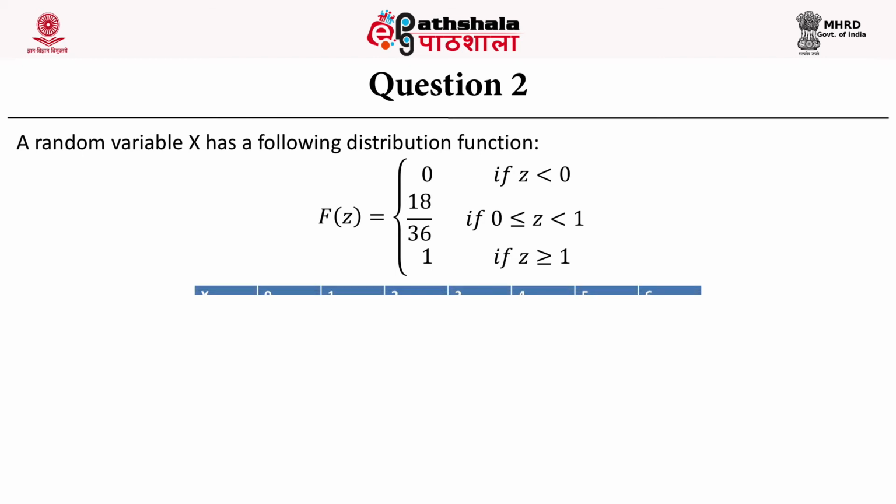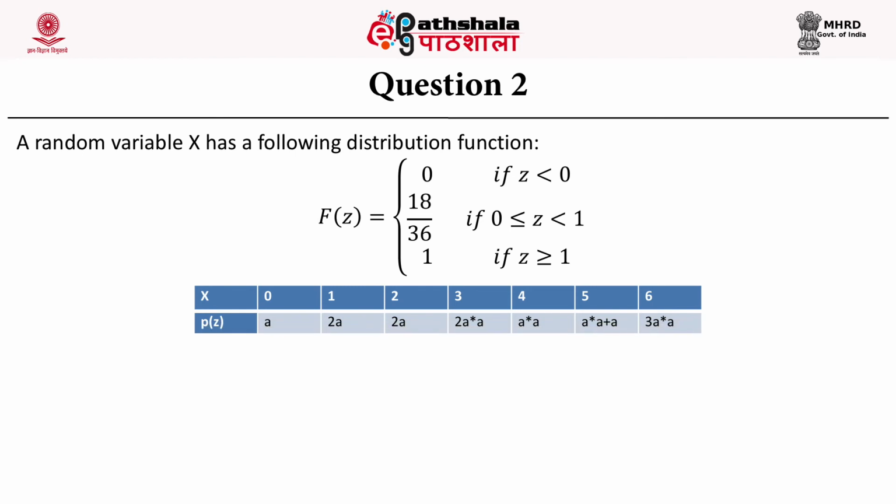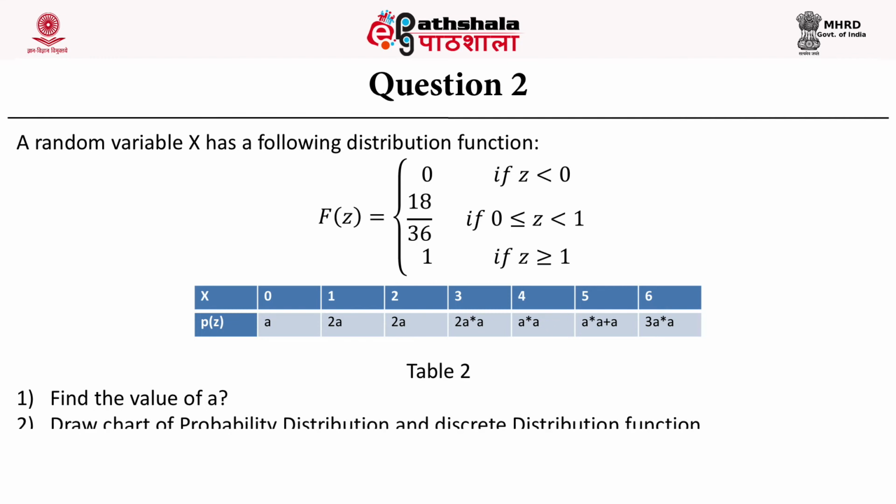Here the possible values of x are 0, 1, 2, 3, 4, 5, 6, and p(x) is given as a, 2a, 2a, 2a squared, a squared, a squared plus a, 3a squared. Here a is a constant, and we want to find the value of a. We also have to draw a chart of the probability distribution and the discrete distribution function.